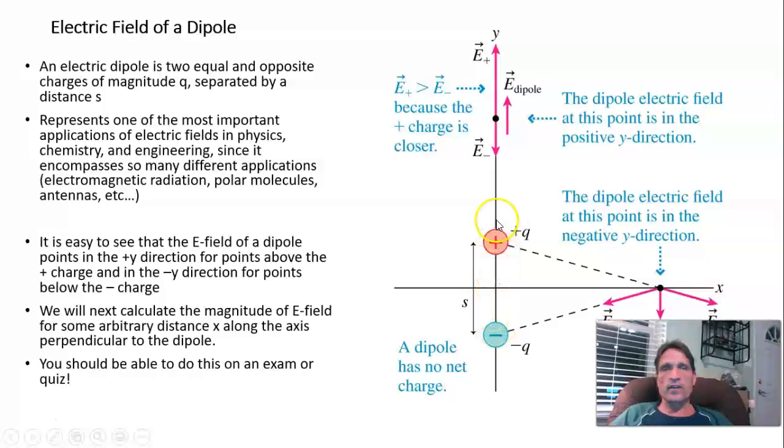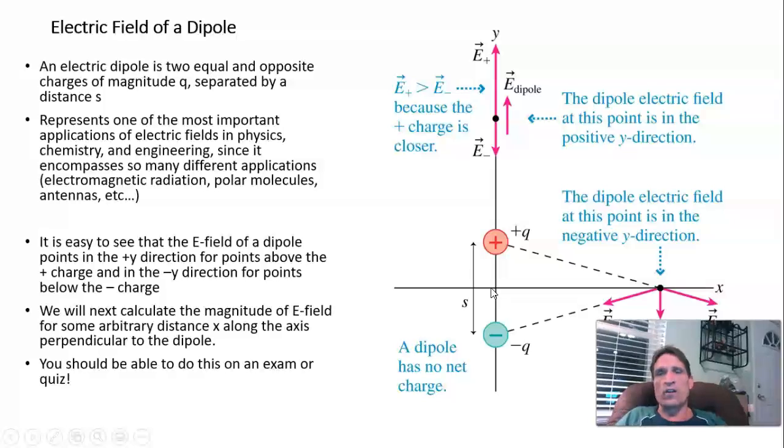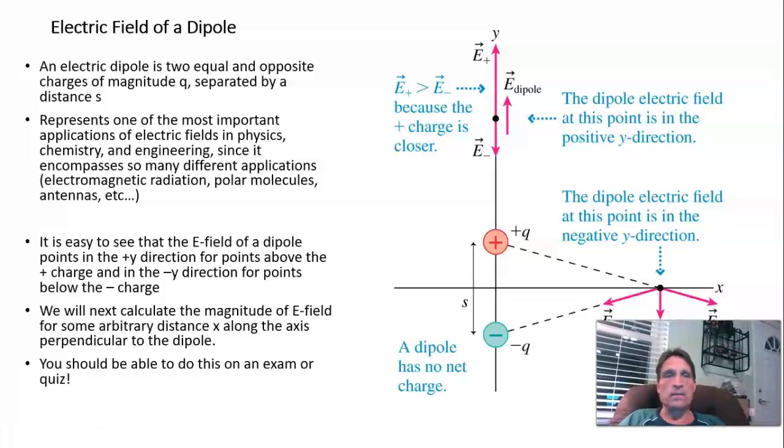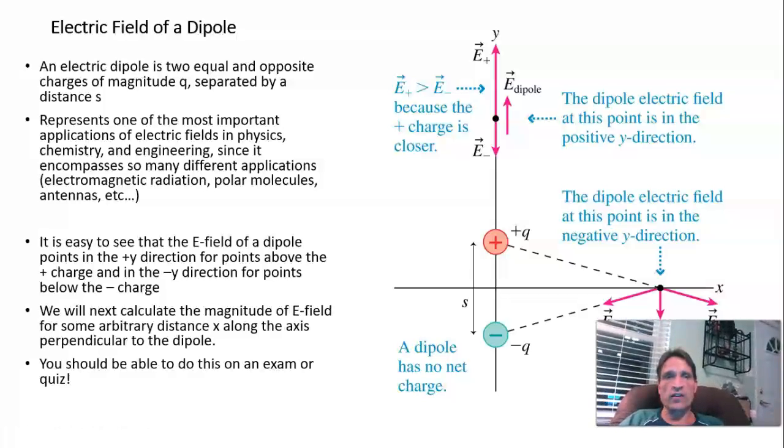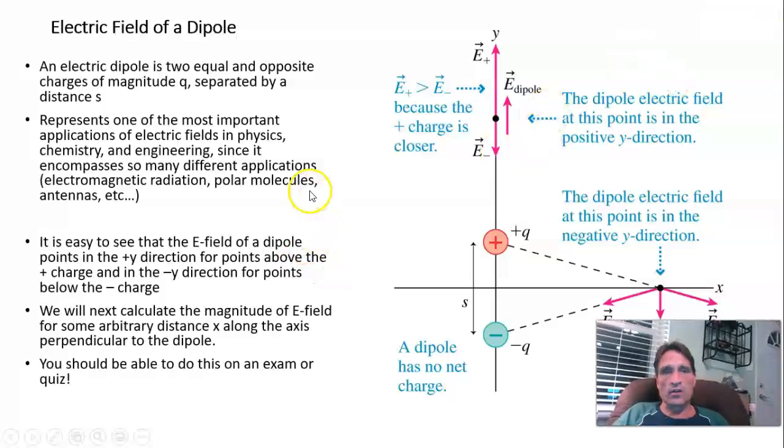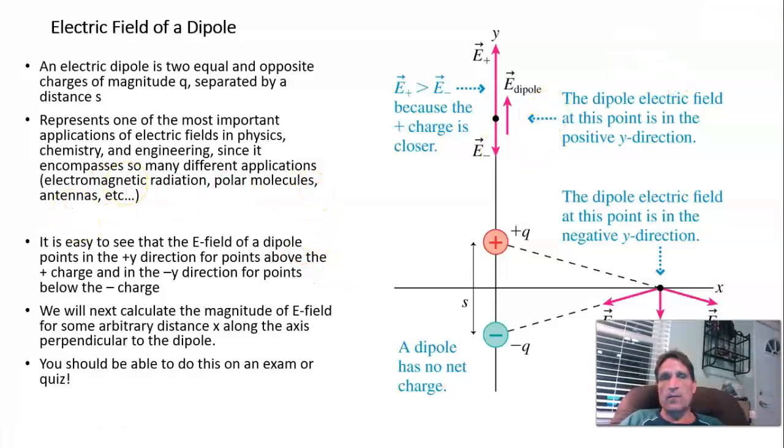In this configuration here, a positive and negative charge separated by some distance s is called an electric dipole. And we'll see that it has many examples in physics, chemistry, and engineering. Polar molecules, antennas, electromagnetic radiation, all described by the electric field of a dipole.